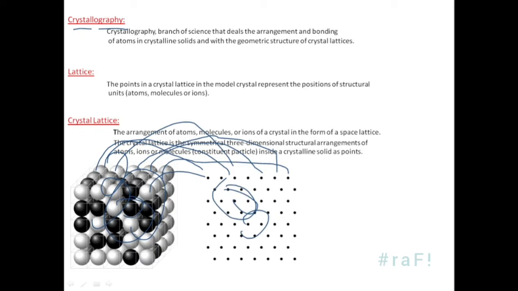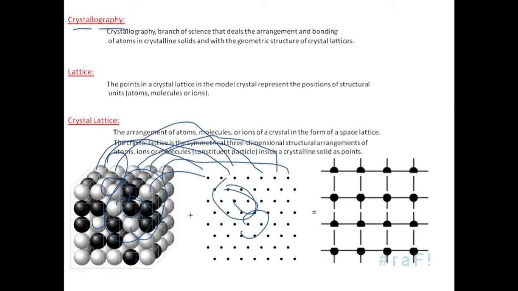Now combine. So what we get? A three-dimensional structure. Here you can see dark circles. These dark points represent the atoms, and these points we call lattice points.